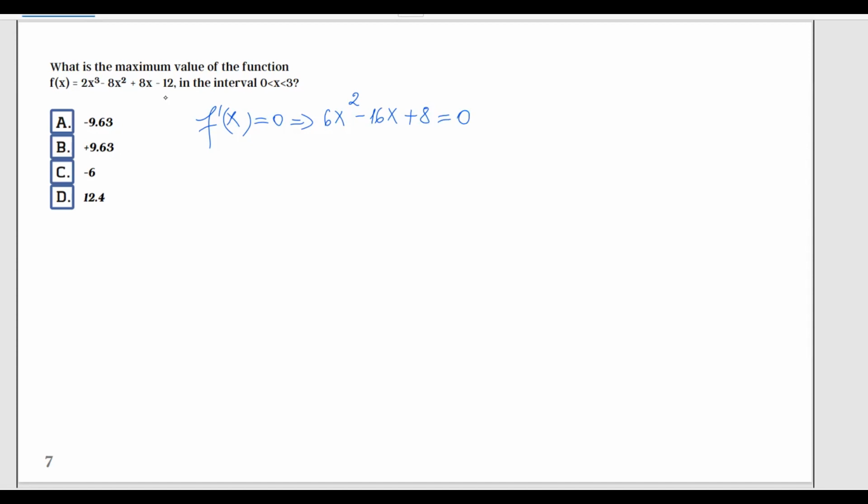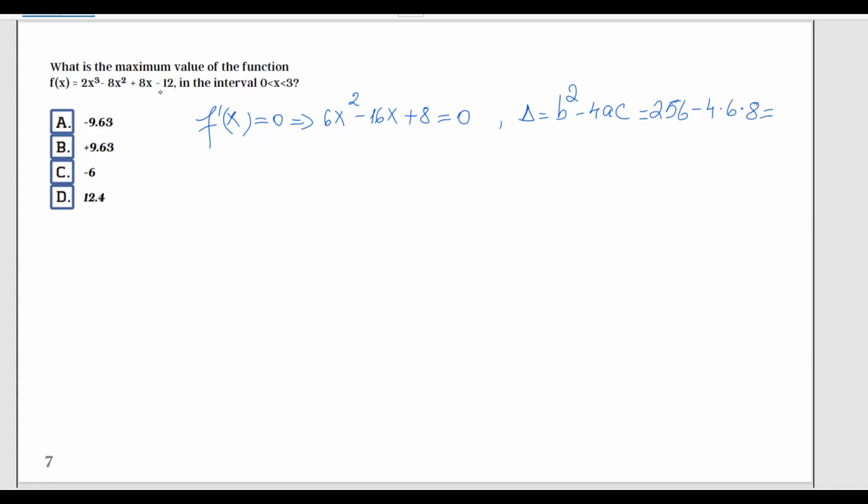And now we're going to do the delta. Quickly, this is b squared minus 4ac. This equals, b is 16, 16 squared, 256 minus 4 multiplied by a, which is 6, and multiplied by c, which is 8.